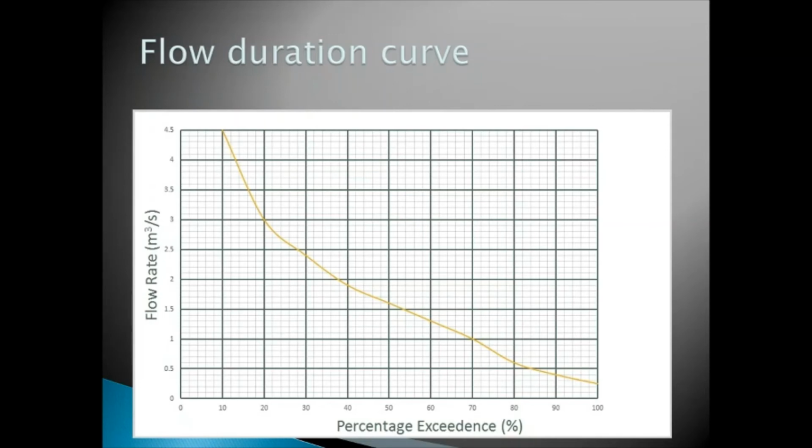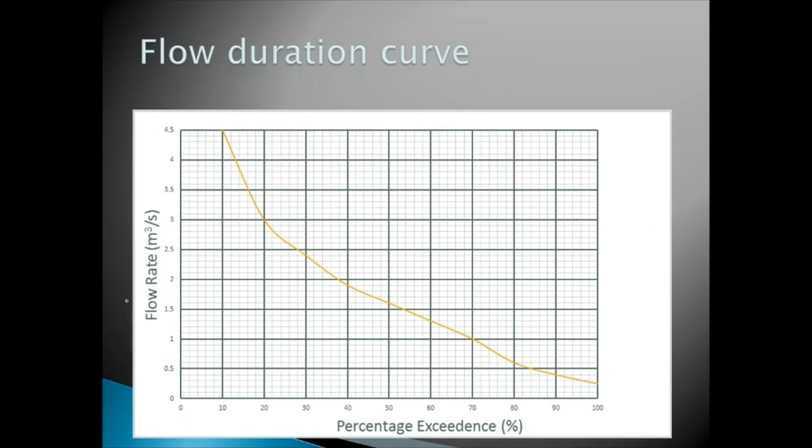So another way that is not a hydrograph to explain how a river flows is called a flow duration curve. Some of you may have had experience with this looking in 258, the field experience class assignment. What it does is look at how often the river flows at a specific flow rate, at a specific discharge.